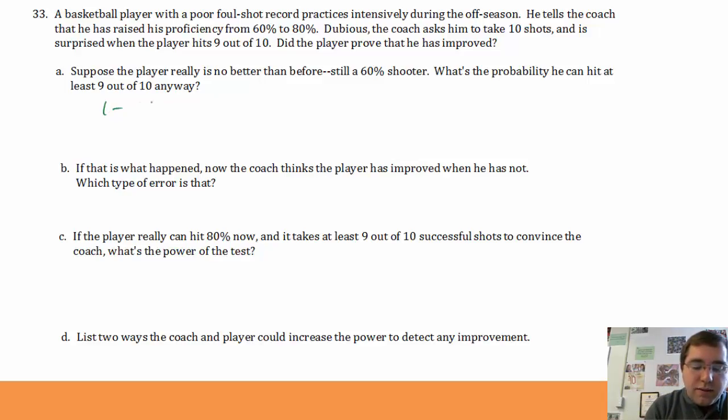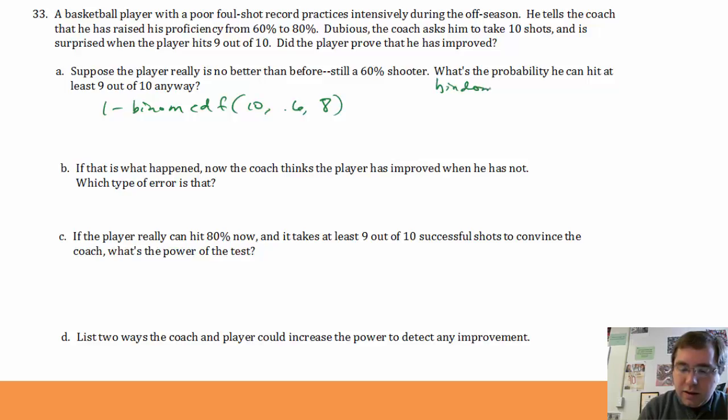So 1 minus binom CDF of 10, 0.6, and 8, where this is certainly binomial, with an n of 10, p of 0.6, and a number of successes of 8.